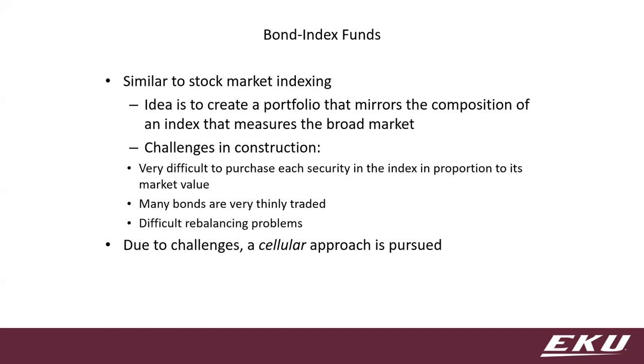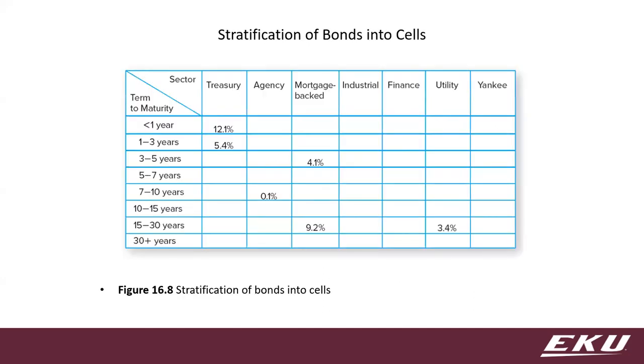Once people buy the bond, the idea is that they're going to hold it, which makes rebalancing your portfolio a challenge. So often what they do is they come up with what they call a cellular approach, where you stratify your bonds into cells. So this would be an example of that, showing how much they're putting into various types of bonds over various maturities, and then building the portfolio that way.